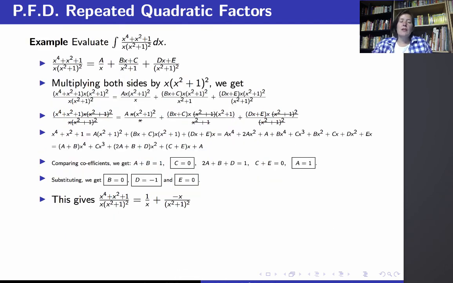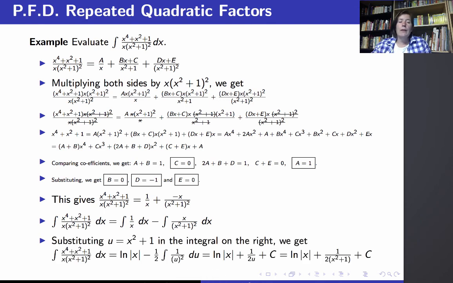And now this is easy enough to integrate. Of course, the integral of the left-hand side equals the integral of the right-hand side, and we can break that up into the integral of 1 over x minus the integral of x over x squared plus 1 squared. And the integral of 1 over x is the natural log of the absolute value of x.